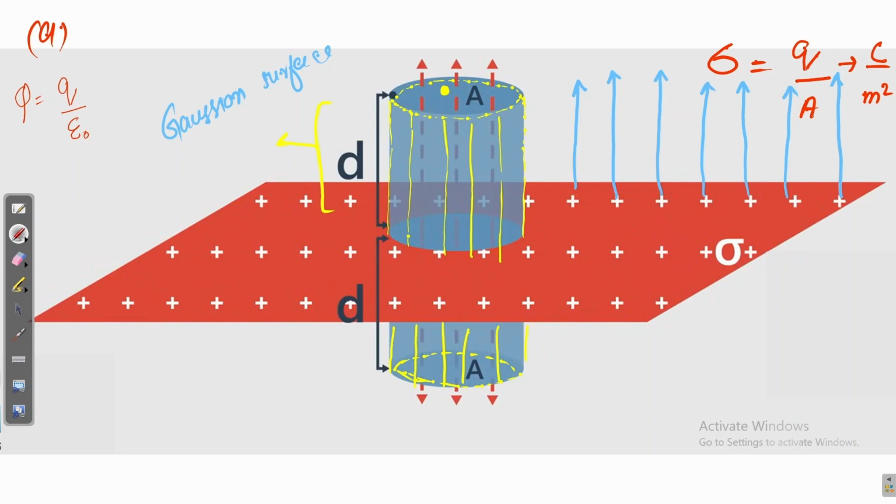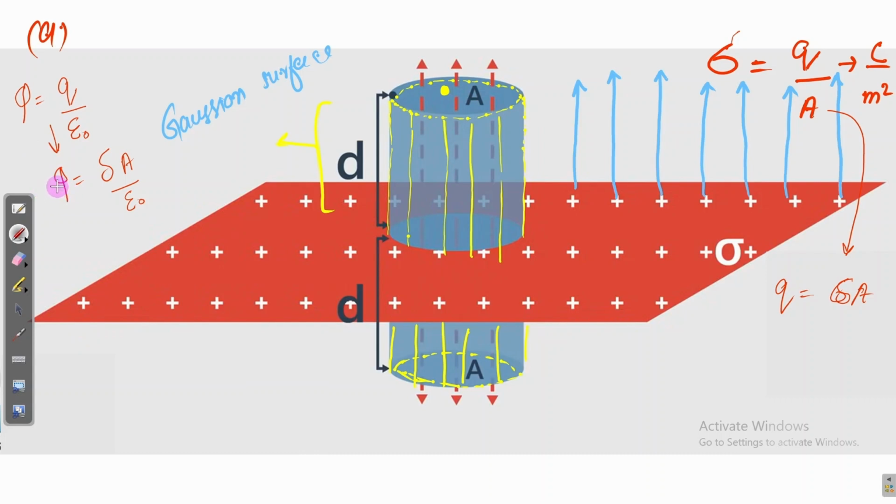So here the concept of charge density comes into the picture, and from the charge density formula, we determine the charge as Q is equal to sigma into A. So in this case, the equation becomes phi is equal to sigma into A divided by the permittivity of free space.